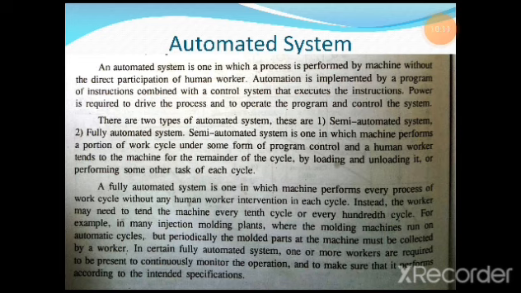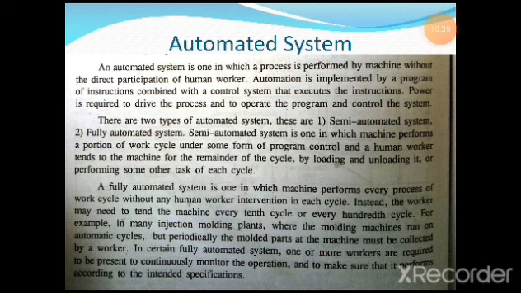This is very, very important. So here the main function of an operator is to observe the process. He is not directly involved in the production. He is continuously monitoring the process. That's all.